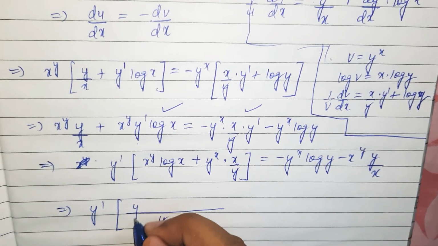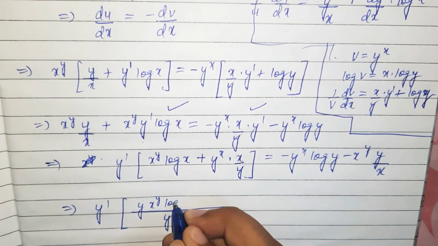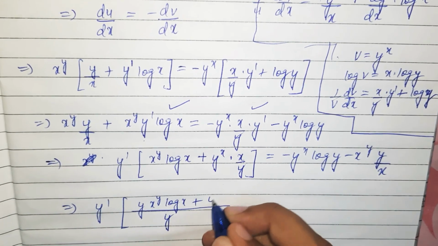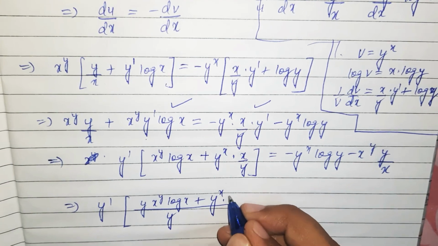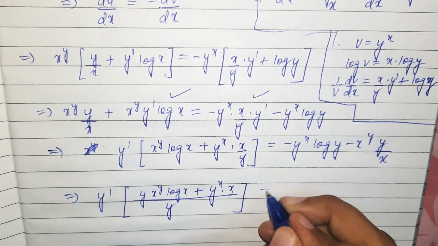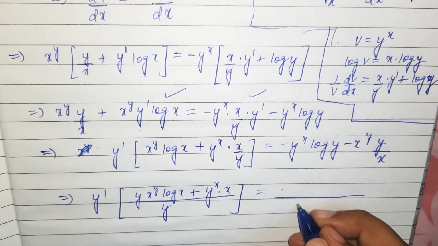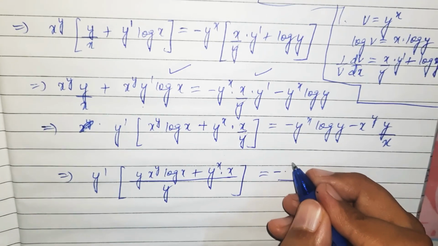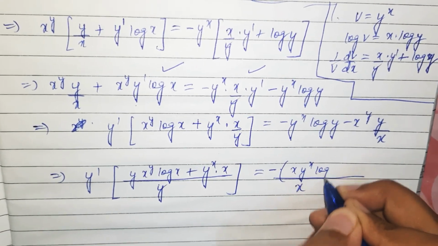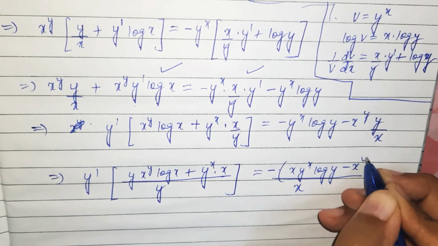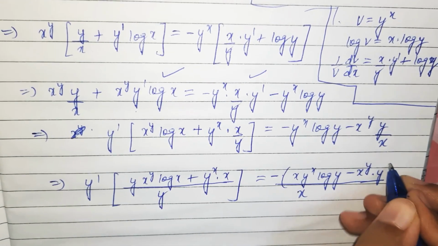y, x to the y log x, this will become y to the x into x, this I am getting, and while taking LCM, I am getting minus common, then this will become x to the y x log y minus x to the y y.